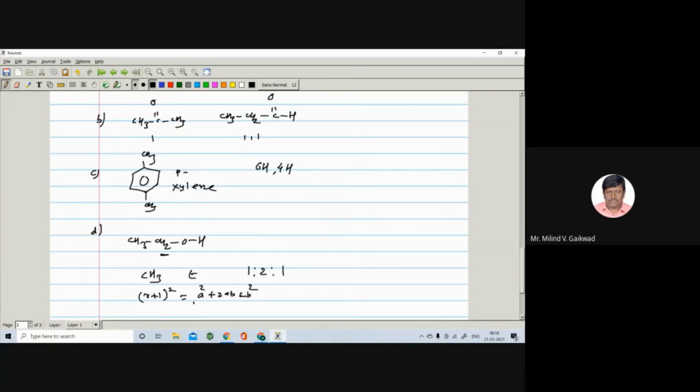The coefficients are 1, 2, 1. This is the relative area of the peaks. In this way we can give the explanation. So this is question number 5.